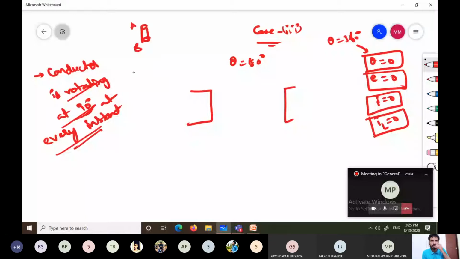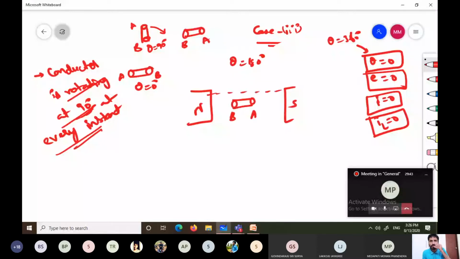Initially the coil is placed like this, at 0 degrees position, θ equals 0, A and B. So this is θ equals 0 and this is θ equals 90. And if we rotate another 90 degrees, what happens? It is opposite to that of the 0 degrees position. That means the conductor is rotating 90 degrees like this. So what is this end? This end is B and this is A. Now this is North Pole and this is South Pole.